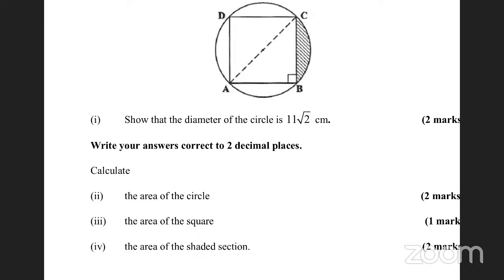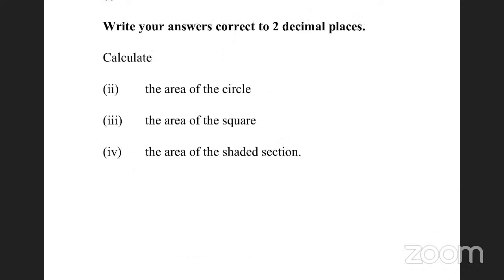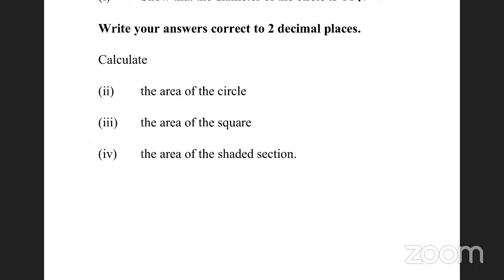All right, I see some answers come online there. Let me check it out. So the area of a circle is pi r squared.